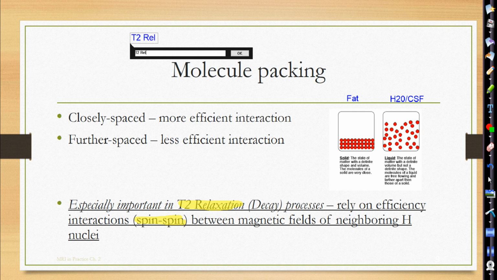T2 relaxation, spin-spin, where you're giving energy to your neighboring hydrogen nuclei. Those little magnetic moments are starting to interact.